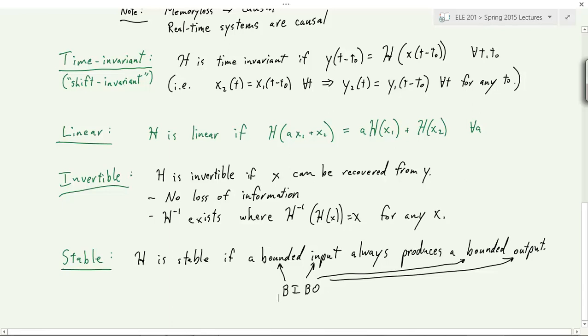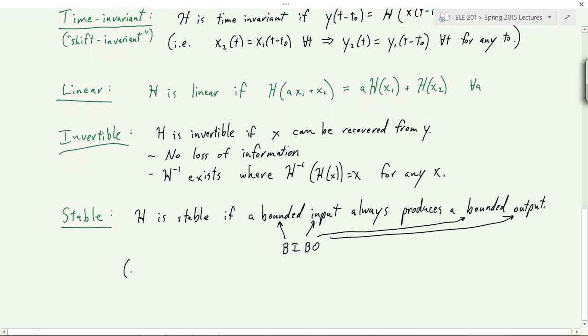Okay, so we can state this one as: if x is bounded, that means for all t, the absolute value is less than some value, I'll call it bx, for some bx. If there is some number bx large enough such that x never gets bigger than that, then we would say it's bounded.